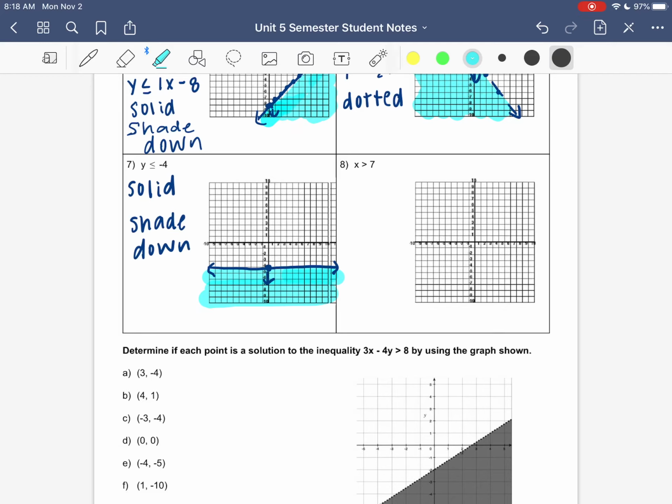In number 8, that says x is greater than 7. So if we are at greater than 7, x lines are our vertical lines. So this one's going to go right through the x-axis at 7. It will be dotted because we've got just the greater than symbol. There is no equal to part there. So dotted line.